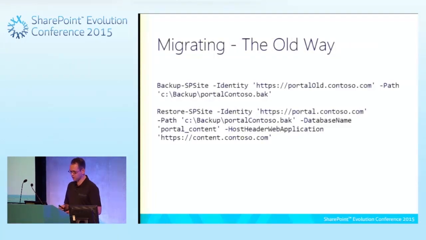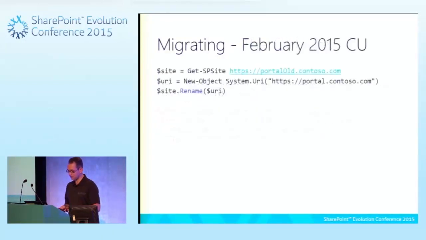Now, migrating to hostname site collections, there are two ways, the old way and the new way. This is the old way, the complicated way. That means you have to back up your site, and you have to restore it as a hostname site collection. If you're using the latest, or almost the latest SharePoint version, SharePoint 2013 that is, the February 2015 cumulative update included a new method on the SPSite object that you could use to just convert your site collection to a hostname site collection.